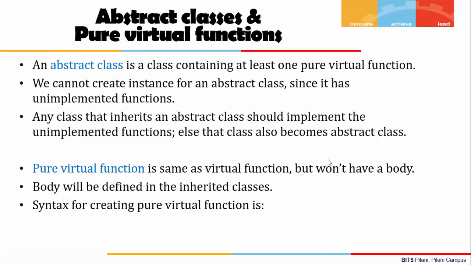Now we will discuss abstract classes and pure virtual functions. In C++ programming, sometimes inheritance is used for better utilization of data and you do not need to create an object of the base class.